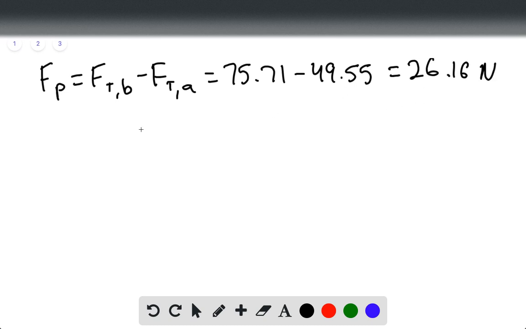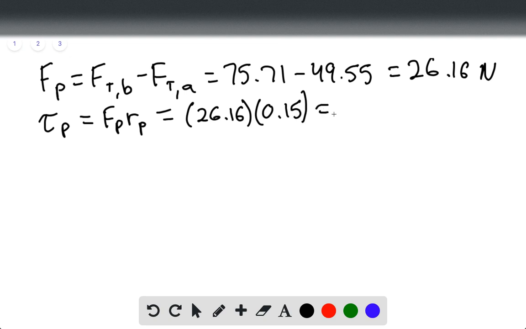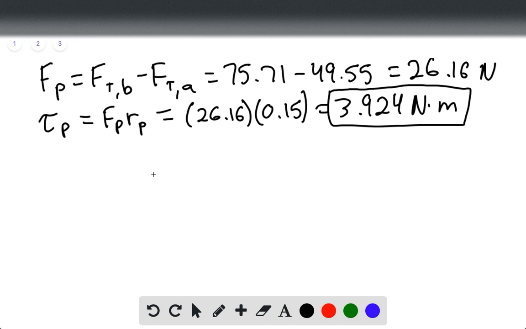So once we have that, we can say the torque on the pulley is going to equal the force on the pulley times the radius of the pulley. And this is going to be, again, 26.16 times 0.15, and this is going to equal 3.924 newton meters. So this will be your one answer for part C. And then the second part for part C would be the moment of inertia of the pulley.